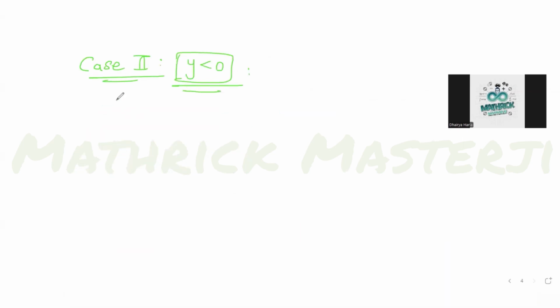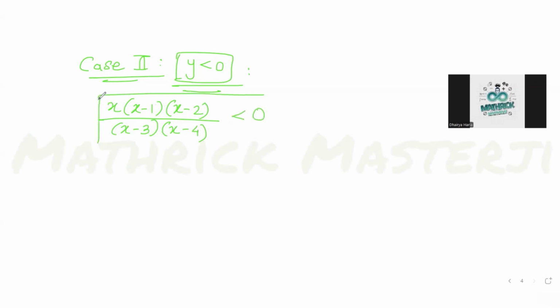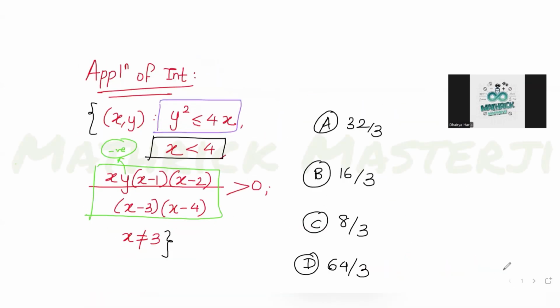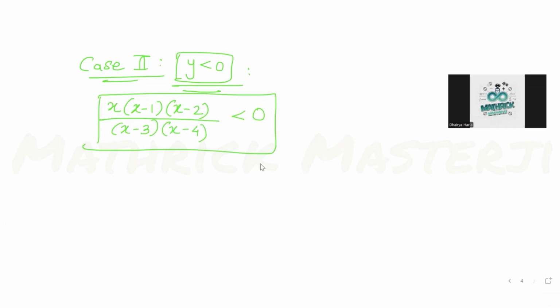So from here, what I get is x times x minus 1 times x minus 2 divided by x minus 3 times x minus 4. The product of all the remaining terms also should become negative, because y is negative. So negative into negative will make it positive, which is our required case given to us. So let's try to evaluate for which values of x this condition gets satisfied now.